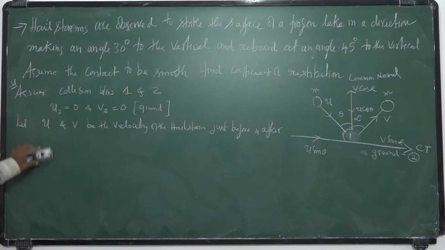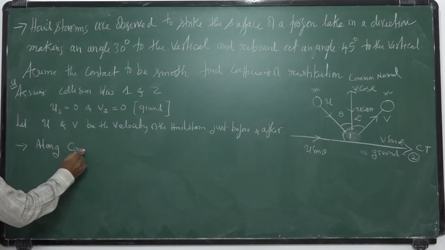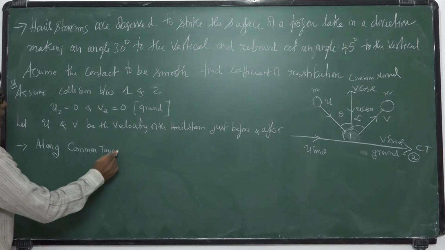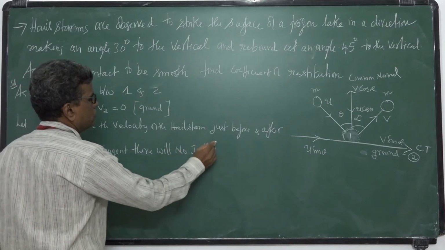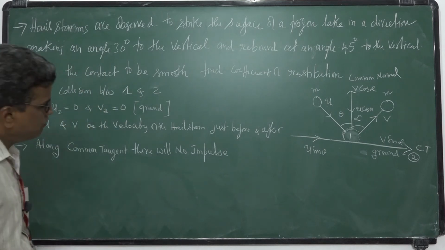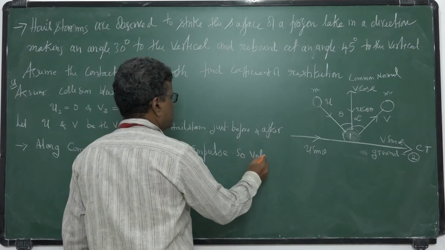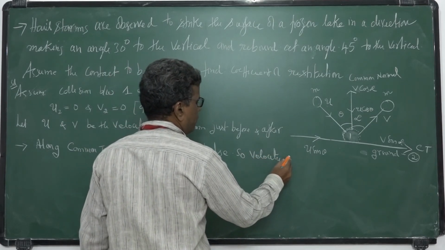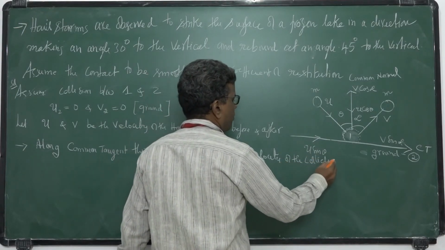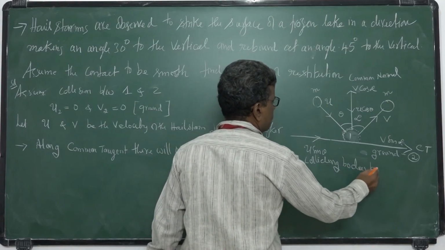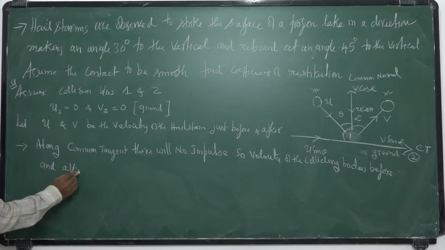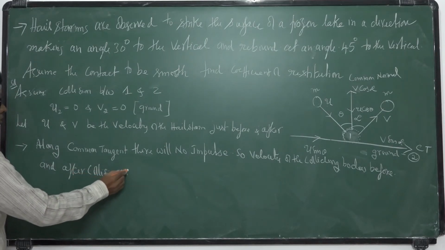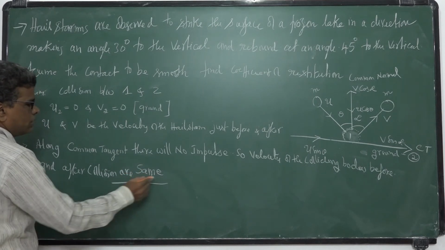So along the common tangent there will be no impulse, so the velocities of the colliding bodies before and after collision are the same because there is no impulse.